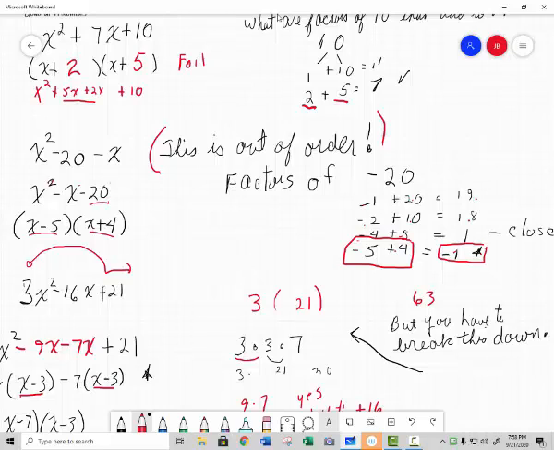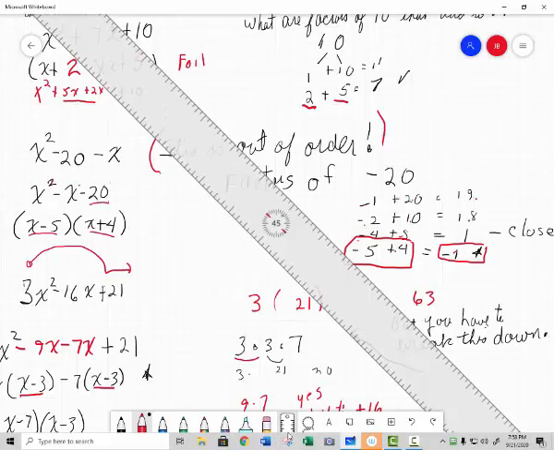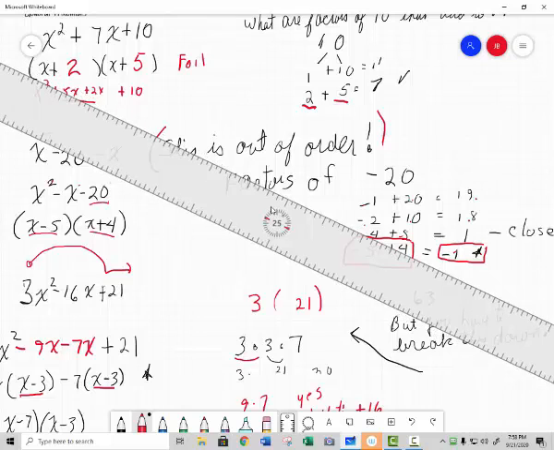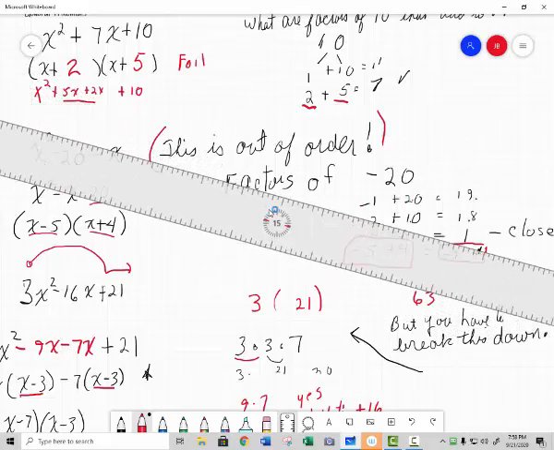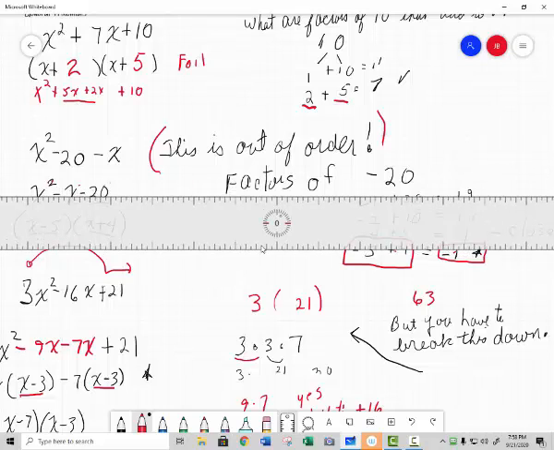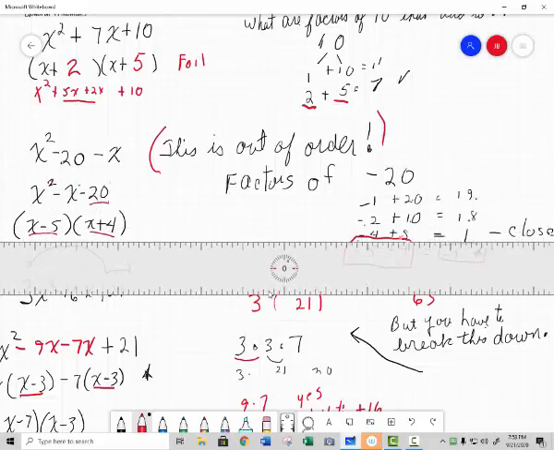Well, let's separate this. I don't want you to get too confused, because now I'm going to change some things up. I want you to be careful about this.